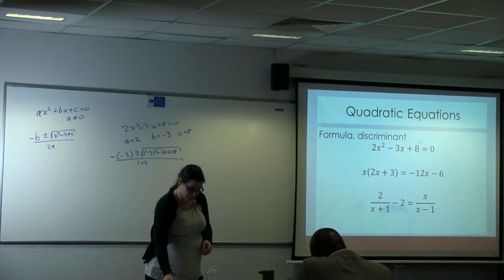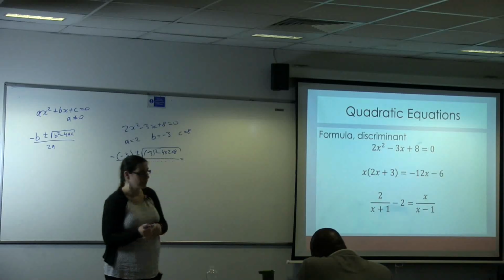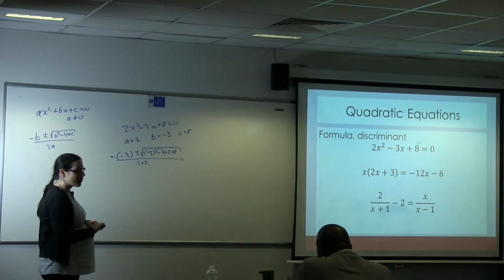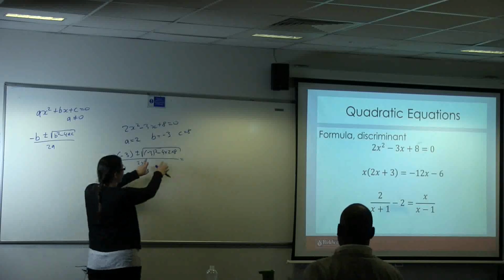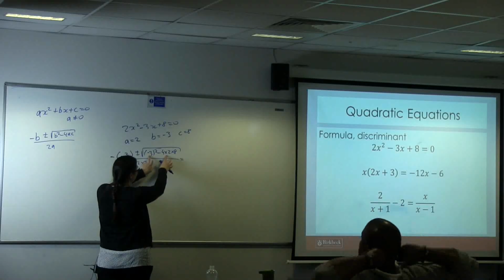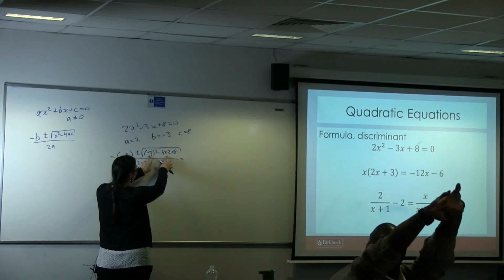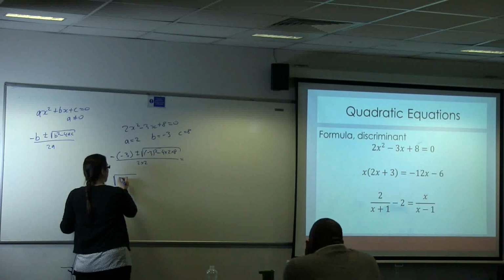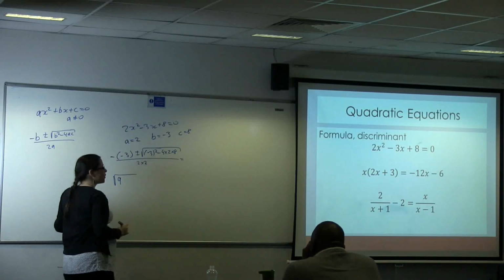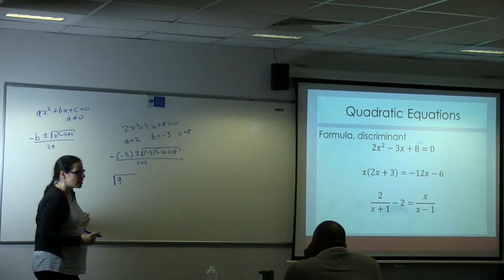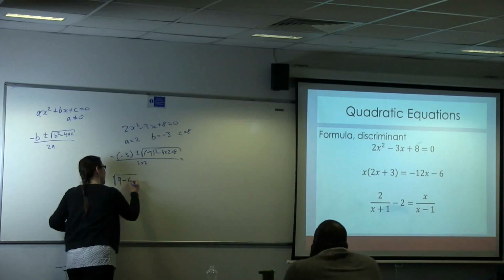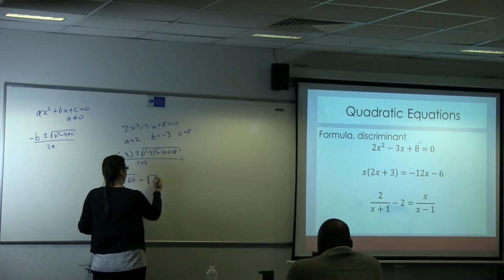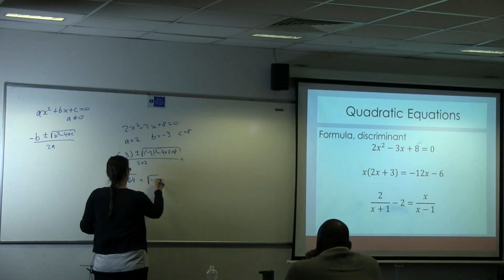What do you get in your calculator? Function. Yes. So what does it mean? Well, I need to look at this one. Okay, what's going on under the square root sign? -3 squared is +9. 4 times 2 times 8 is 64. So 9 minus 64. That is equal to square root of -55.